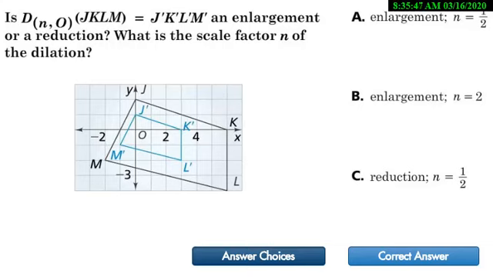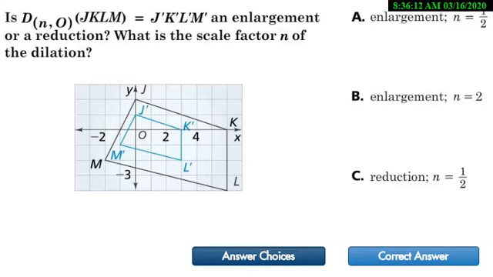The next challenge is how can I get the n? n always equals the image over the pre-image length. So the dilation n, and O means the center of dilation is at O, the origin. n is required, which we got as 1/2. How can we get this n?